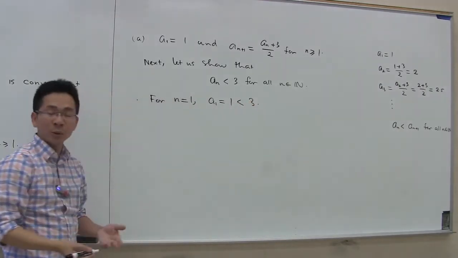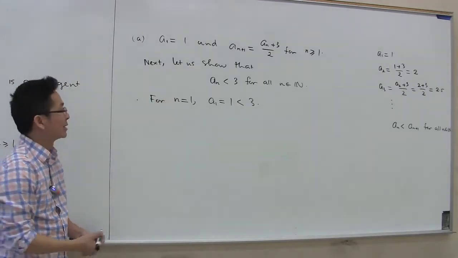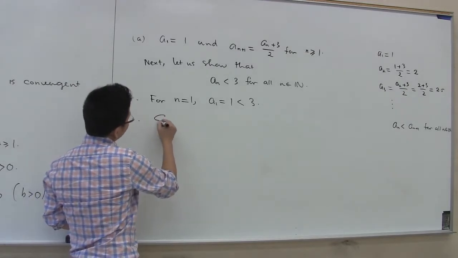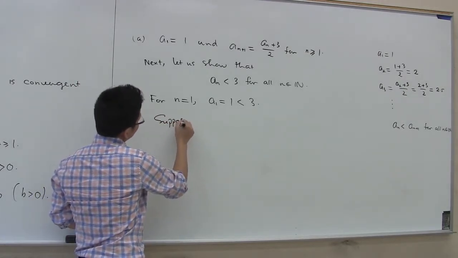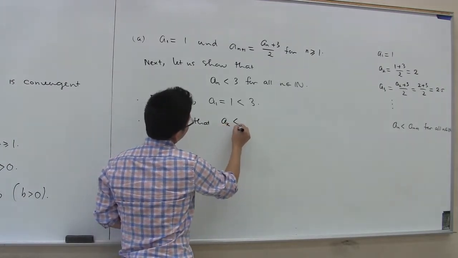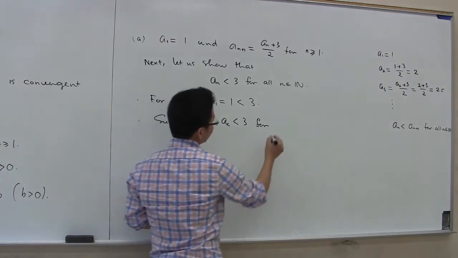Again, here we apply mathematical induction to prove that this is true for all n in N. Now, suppose that a_k is less than 3 for a positive integer k.